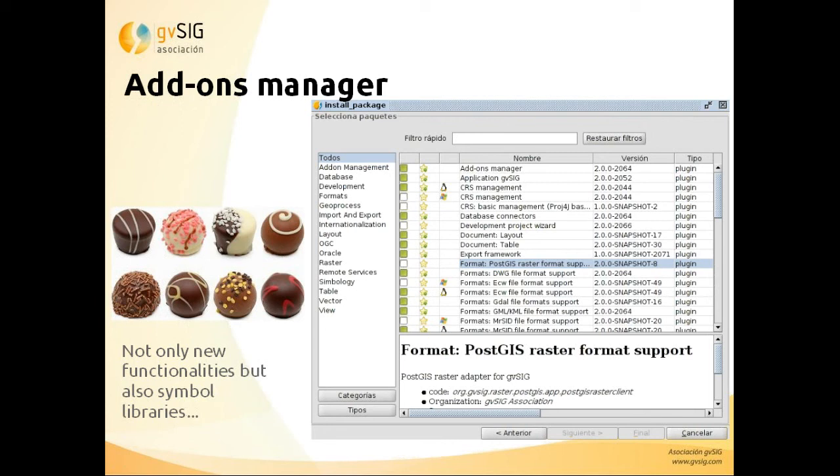When gvSIG is running, the user can access the Add-ons manager, and he can install not only new functionalities, but also symbol libraries, and in the future, scripts, translations, layout templates, etc. Another possibility in the Add-ons manager is to connect to different servers.